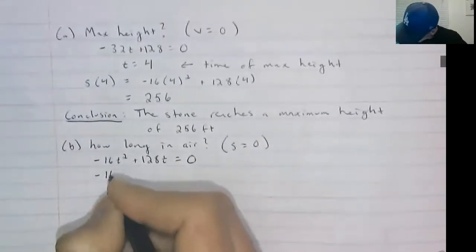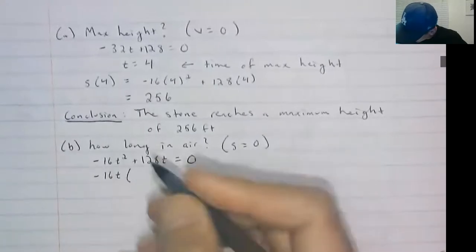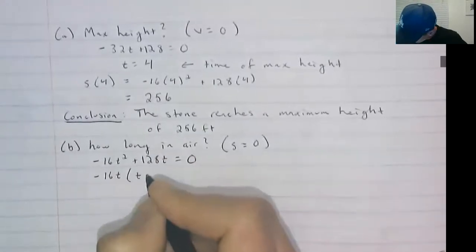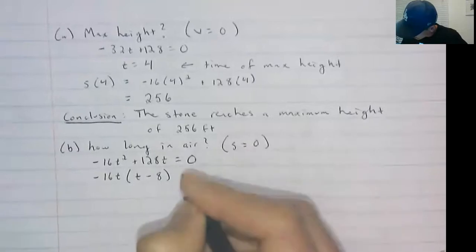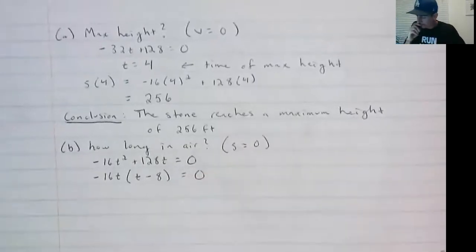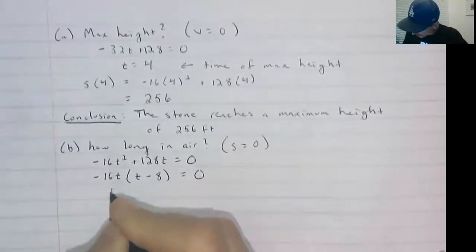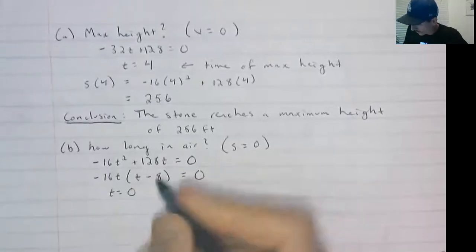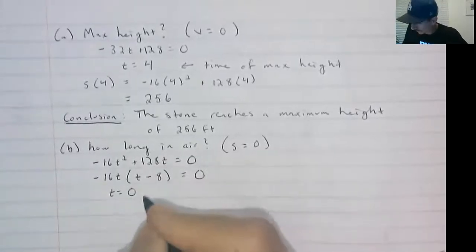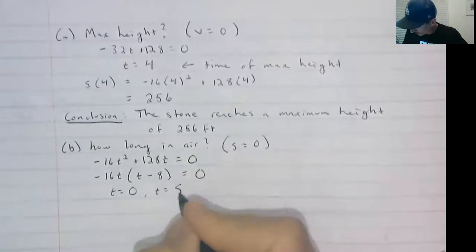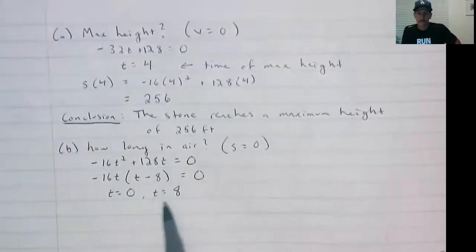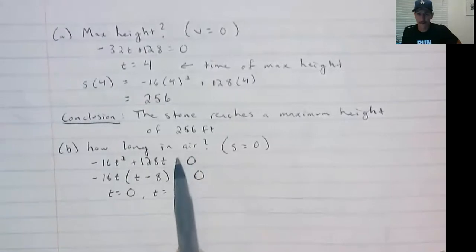Factor out a negative 16t, and you get that t minus 8 needs to equal 0. And so there are 2 values that make this 0, when t is equal to 0 and when t is equal to 8. Now obviously 0 is not the length of how long it's in the air.